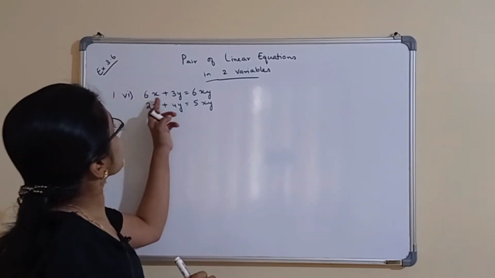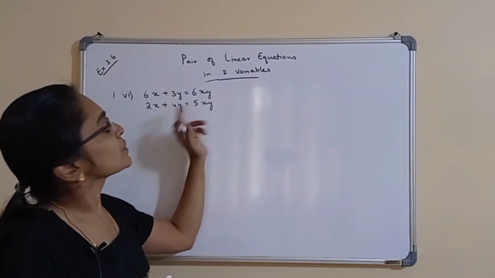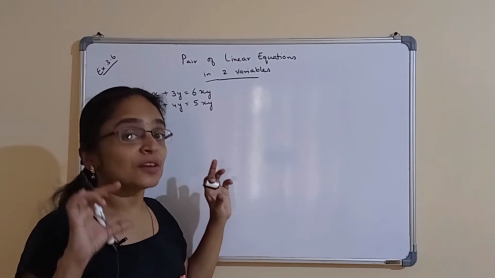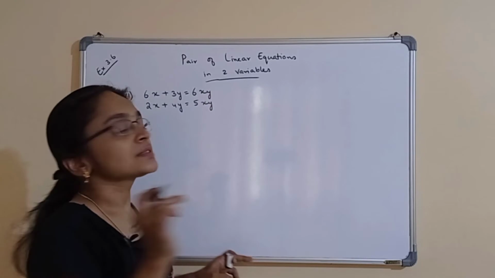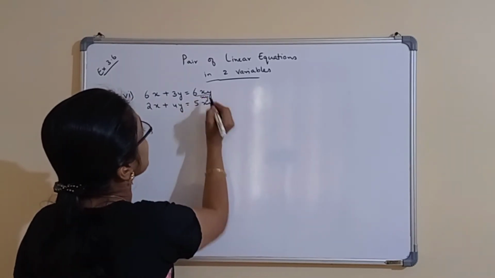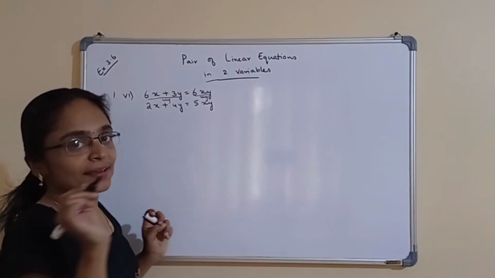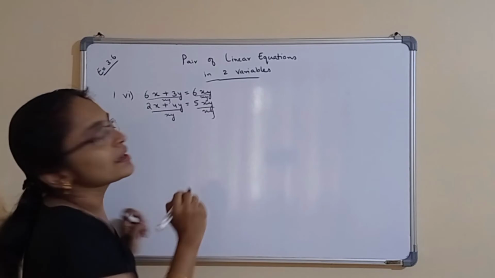Next one, 6x plus 3y equal to 6xy and 2x plus 4y equal to 5xy. So if we want to reduce this to the normal form of linear equation, we should not have xy here. So we have to divide this left hand side also by xy. And here also same thing, we have to divide by xy.